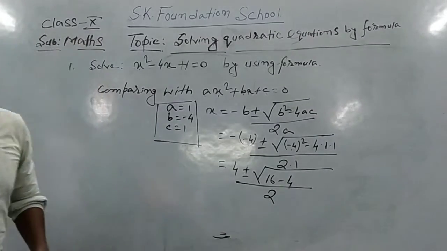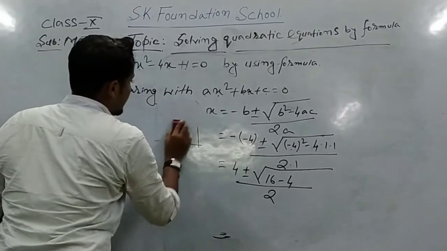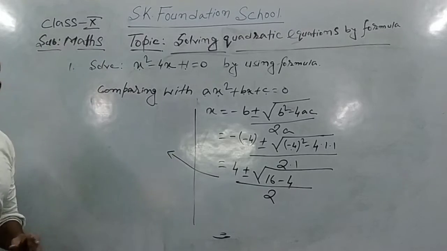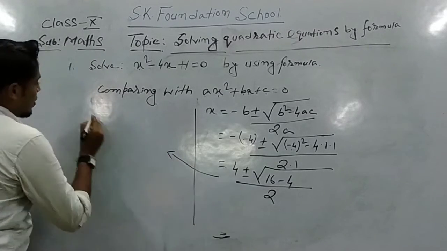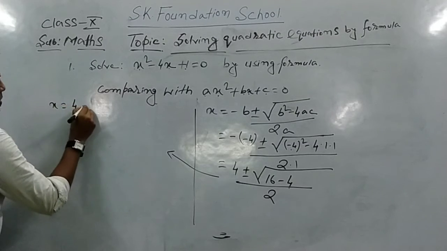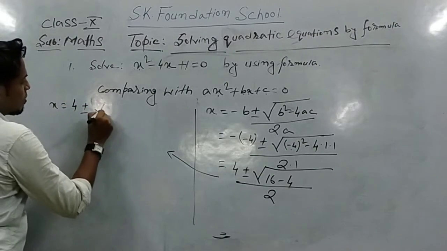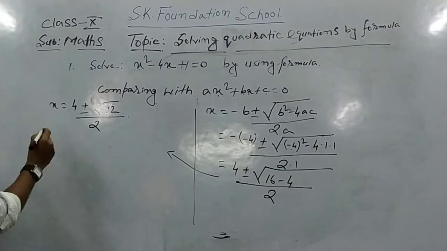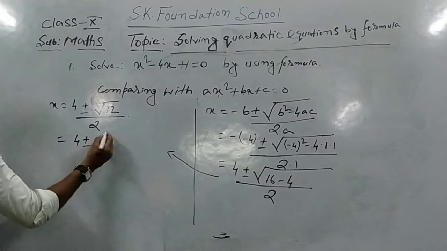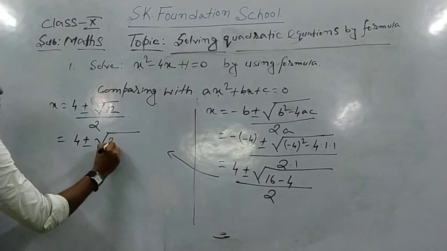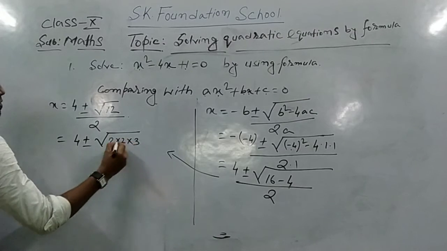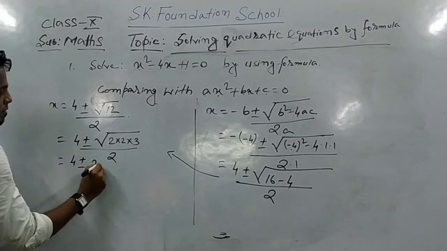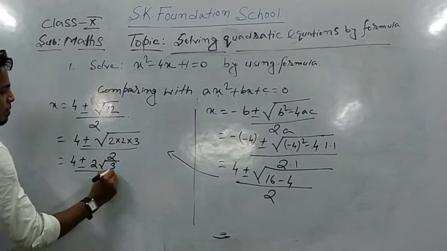So we get 4 plus minus root 12 by 2, right? If you want to break 12, it is 2 into 2, 4 into 3. So it is 4 plus minus 2 root 3 by 2.